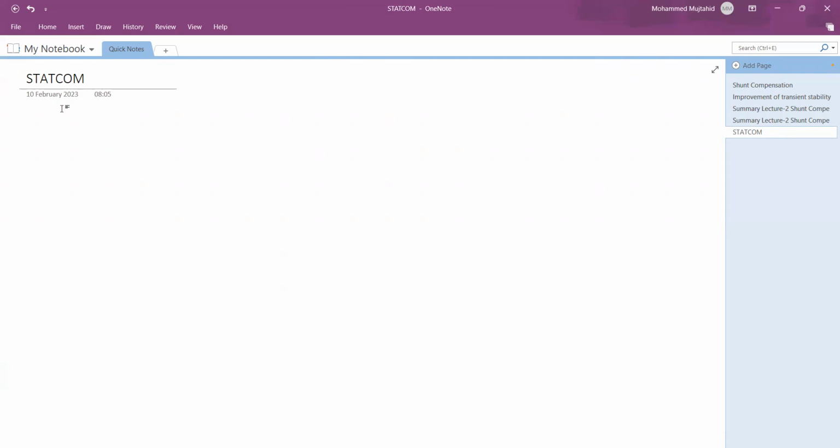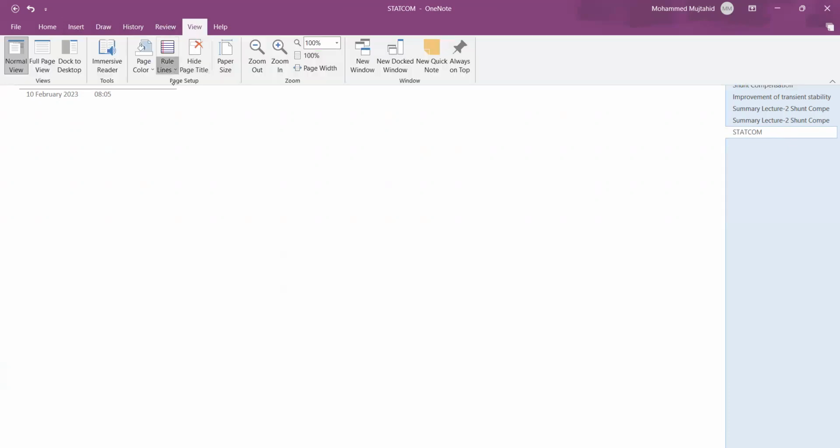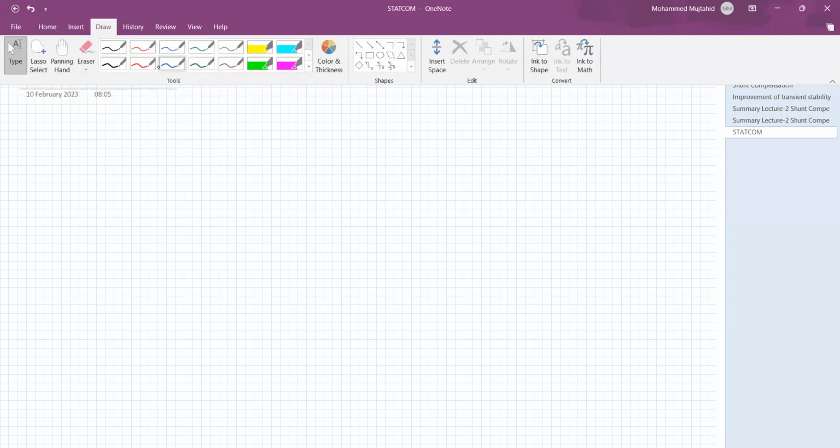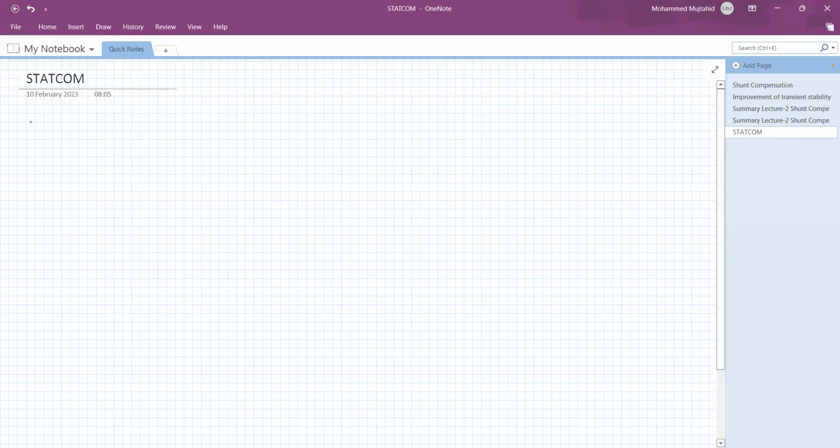So it is the switching converter type of VAR generation.